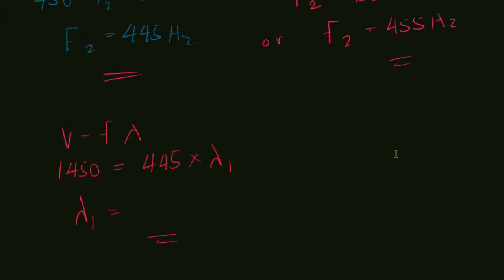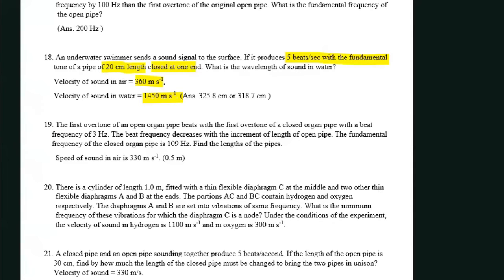If the frequency is 455, then once again using v equals f lambda, 1450 equals 455 into lambda 2, and we get another answer. So there are two possible answers, and we do not know exactly which it is. It's up to you to simplify and check.